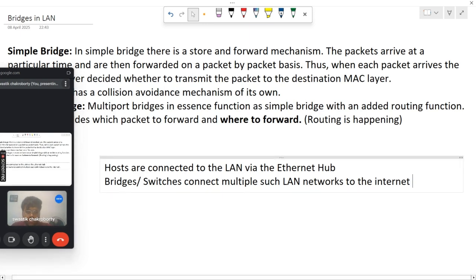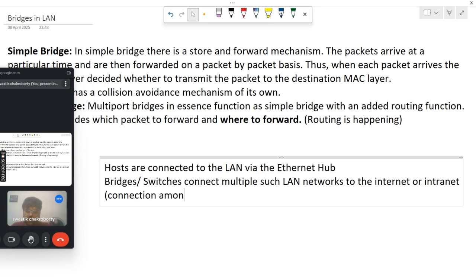Or it might connect to the internet, or it might connect to the intranet. That is, it might connect among itself. Connection among multiple LANs.